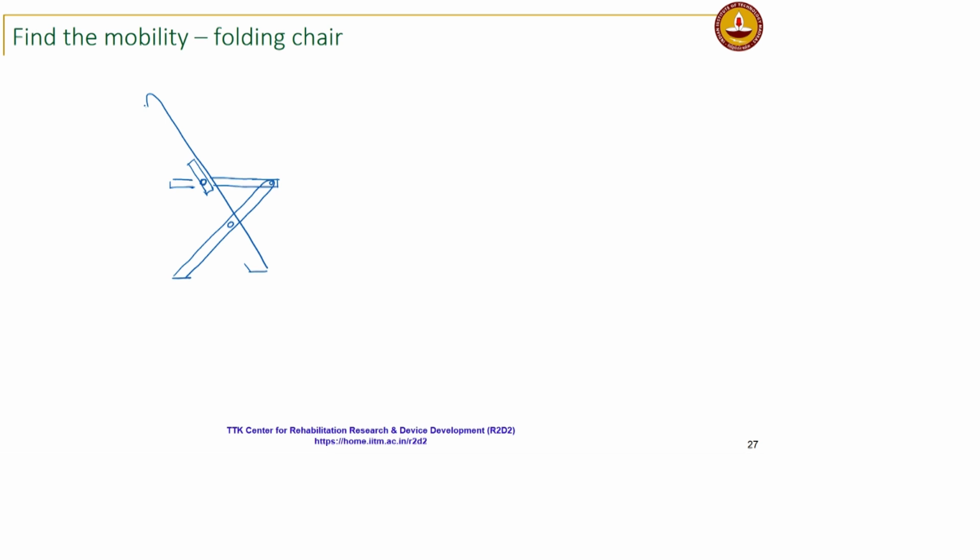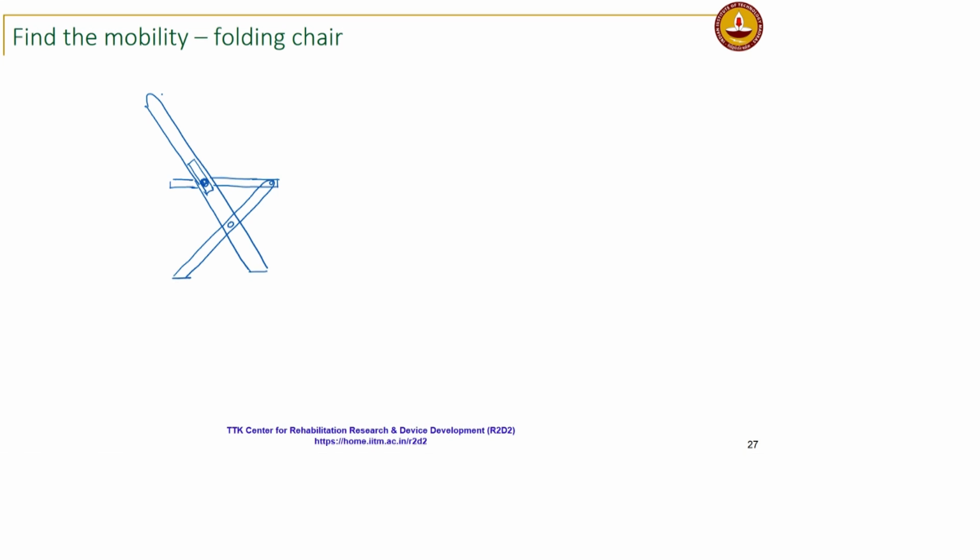Excuse my drawing because it is not letting me erase part of the line. But if I have a folding chair which has a pin that is attached to the seat, okay, that can slide in the slot in this backrest link, what would be my mobility?